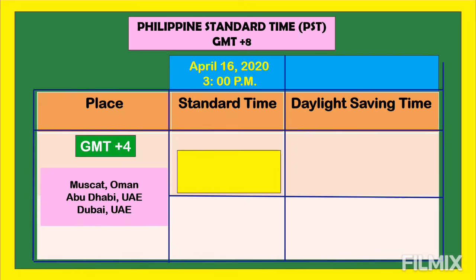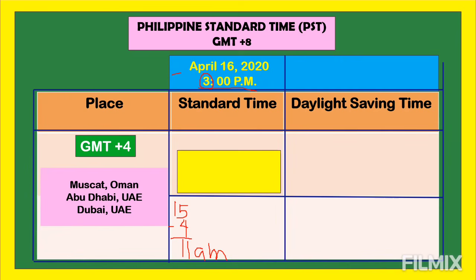If we're going to convert April 16, 2020, 3 p.m. to their time, we're just going to subtract 4 from 3. Since we can't subtract 4 from 3, we're going to make 3 into a 24-hour clock. 3 plus 12 is equal to 15. Minus 4, the time difference, that is equal to 11. Since we're moving backward, this is 3 p.m., so it means that this is 11 a.m.